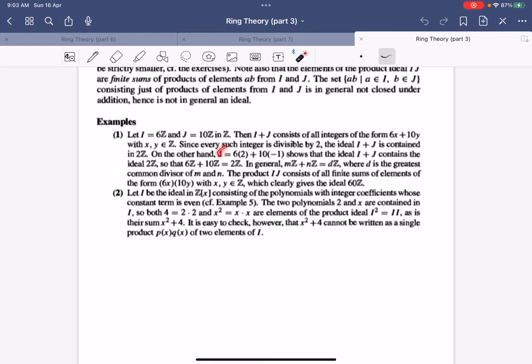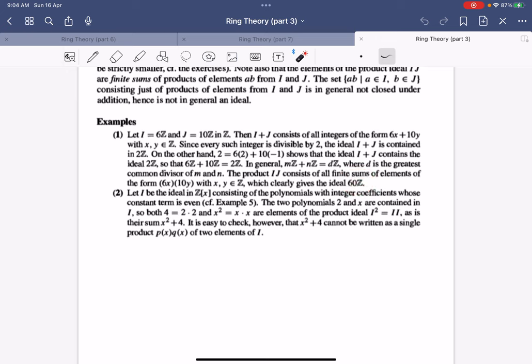And because 2 equals a linear combination of these, this ideal also contains the ideal of 2. So in that sense, 6Z plus 10Z equals 2Z. And in general, mZ plus nZ equals dZ, where d is the GCD of m and n. And the product of the ideals is clearly 6 times 10 Z, which is just 60Z.